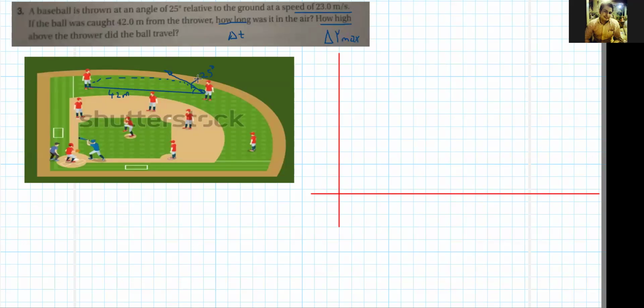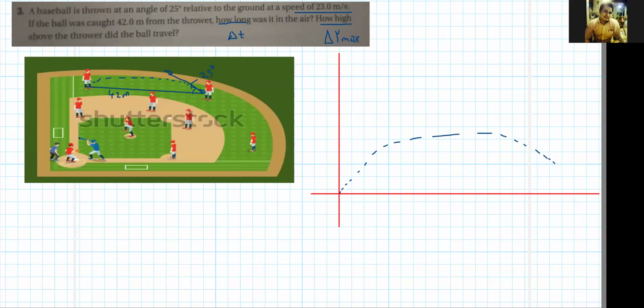So if we try to represent the situation in a diagram, basically you have a projectile motion. And in this projectile motion, I'll draw the same situation.